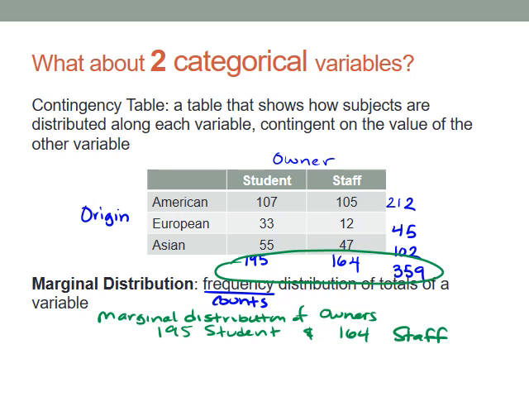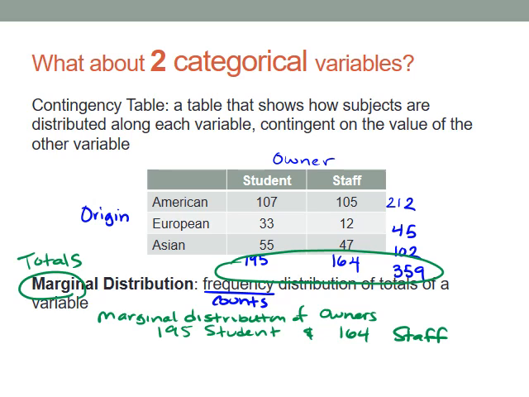Okay, and I could do the same thing for the marginal distribution of origin. I could report that there were 212 American cars, 45 European, and 102 Asian cars. So that's what a marginal distribution tells me. Think about margin. What are the margins of your paper? They're on the outsides of your paper. Marginals are your totals.